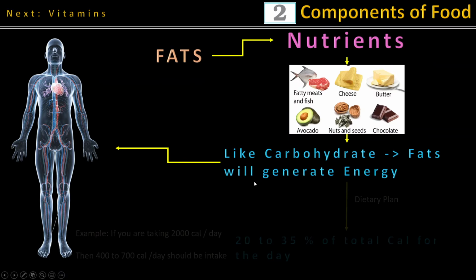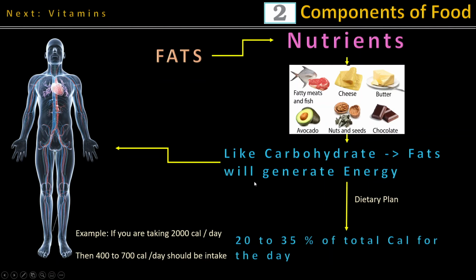Now the question comes, how much quantity? The quantity is 20% to 35% of the total calories of the day. As we saw previously, a normal person consumes 2000 calories of food every day. You can consume more than 2000 calories, not an issue, but as a general recommendation a person can eat 2000 calories of food.